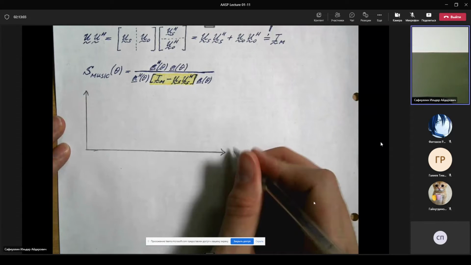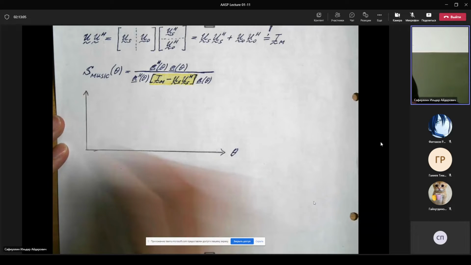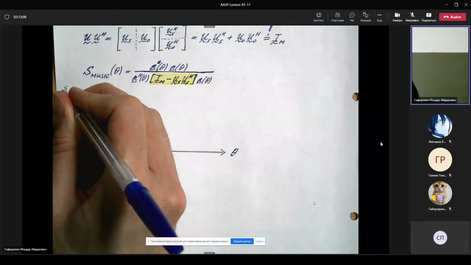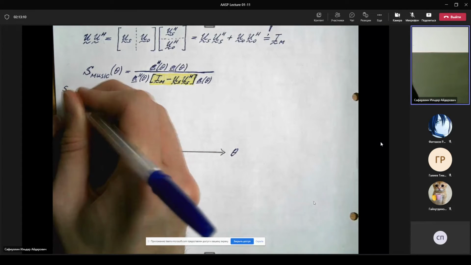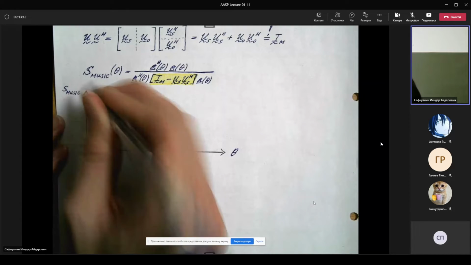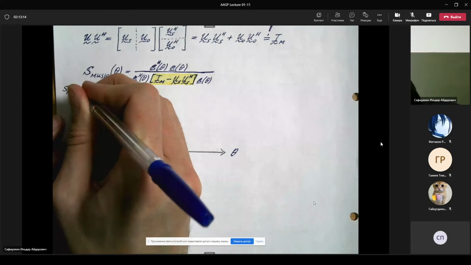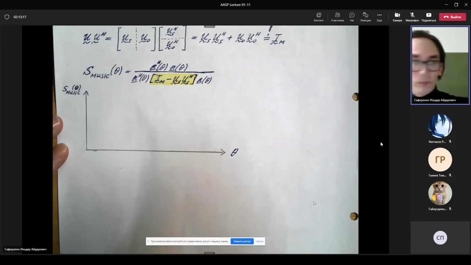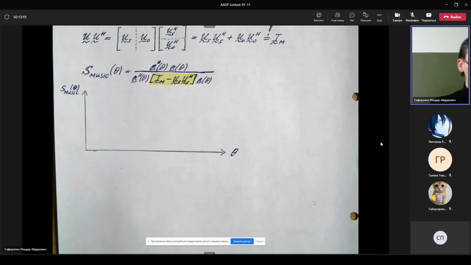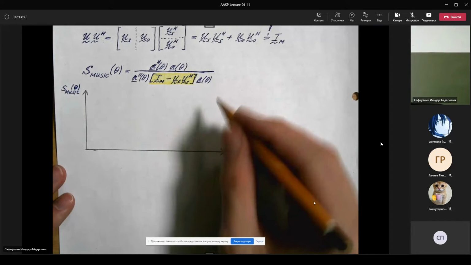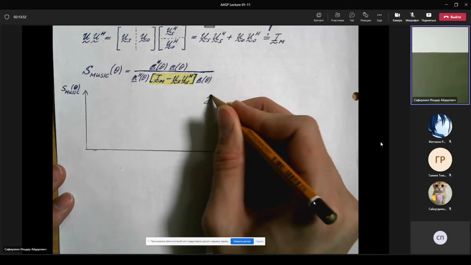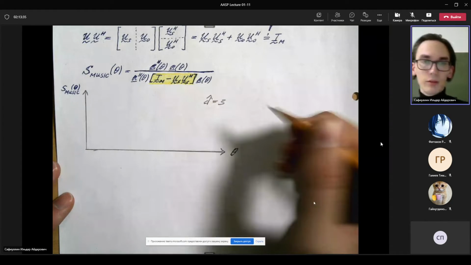So here theta, here is S MUSIC of theta, like this one. And let's assume the same example with the number of sources equal to 3. So D we've had equal to 3.